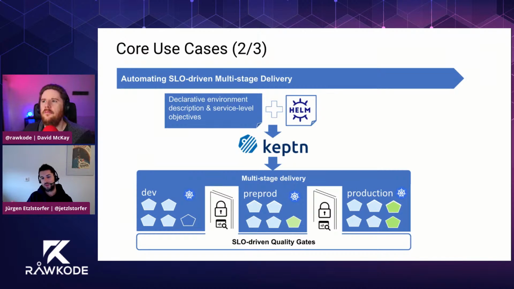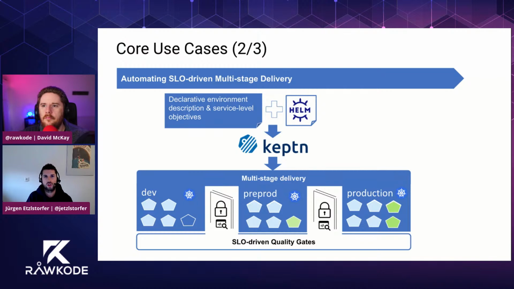I think we'll see this later on, so I'll just skip this one. And the second part, where we are really bringing a big benefit, is that we have based our delivery pipelines on SRE concepts, SLIs and SLOs. SLO is short for service level objective, and the user of Keptn just defines a service level objective that can be based on response time, error rate, CPU consumption, whatever.